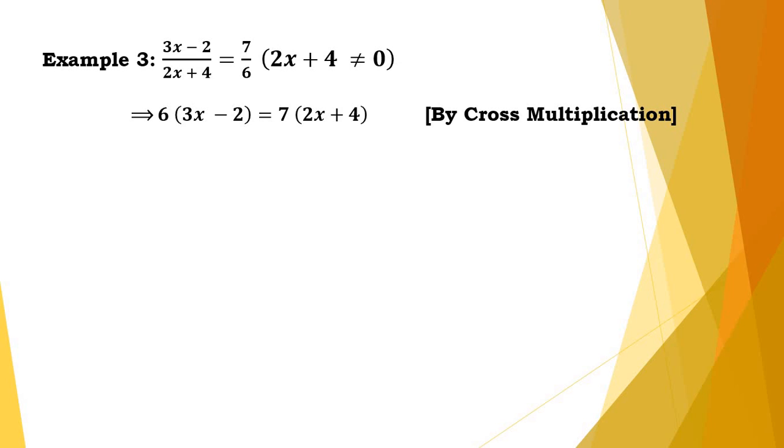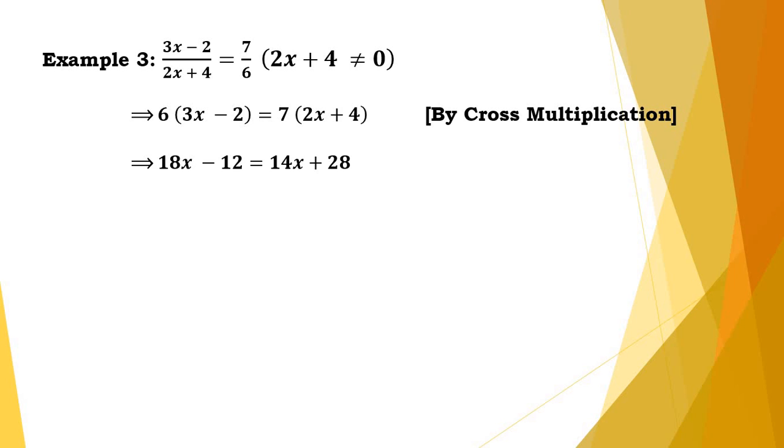Okay, now using distributive property of multiplication, we will open the bracket. Okay, so 6 into 3x will be 18x, 6 into minus 2 will be minus 12, 7 into 2x will be 14x, and 7 into 4 will be 28. So we will write it like this: 18x minus 12 is equal to 14x plus 28.